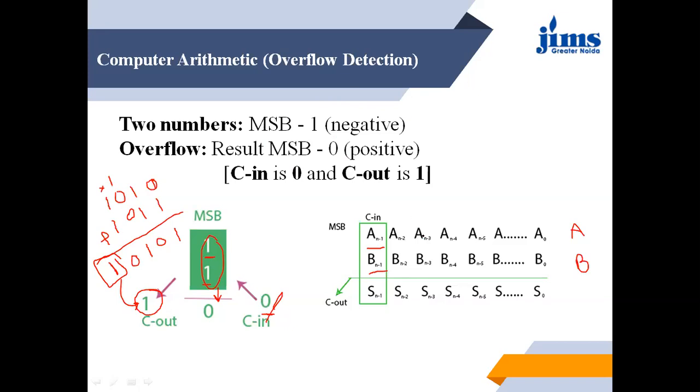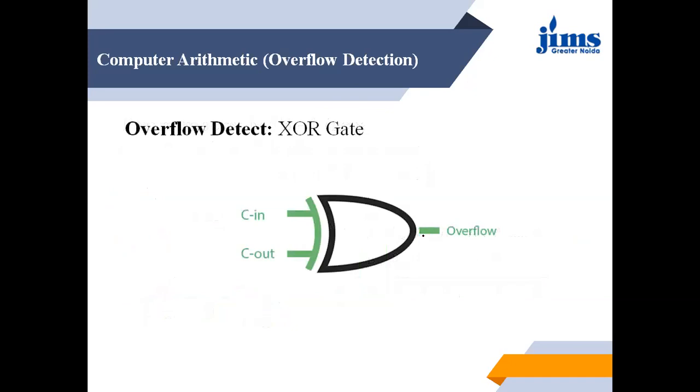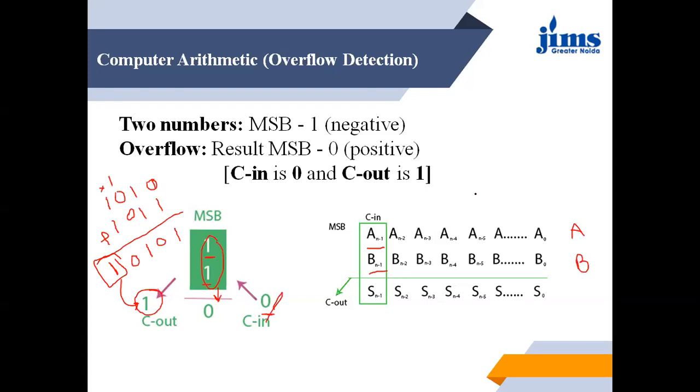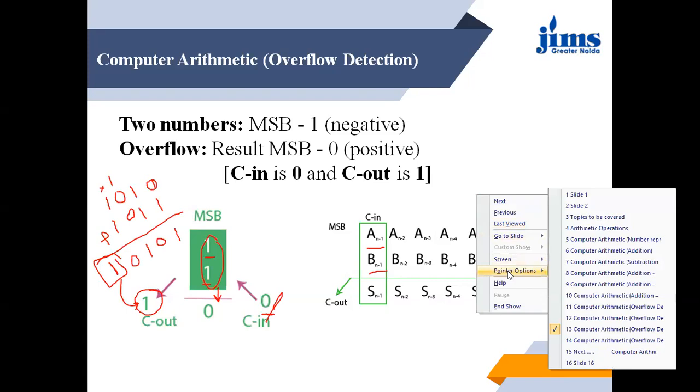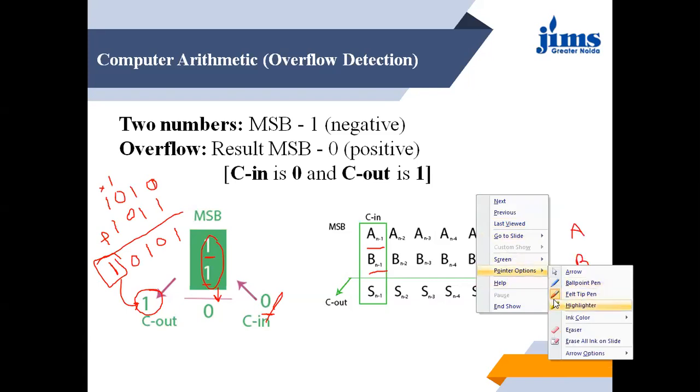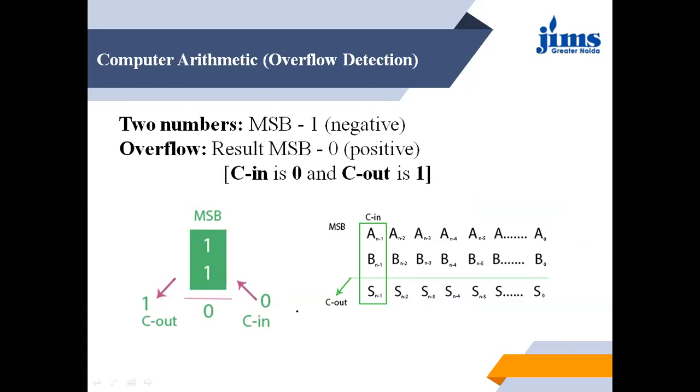We can find out whether there is an overflow in our circuit or not by checking C in and C out, that is, whether we are getting a carry in or a carry out. From here, you can see that for negative numbers, C in is 0 and C out is 1.